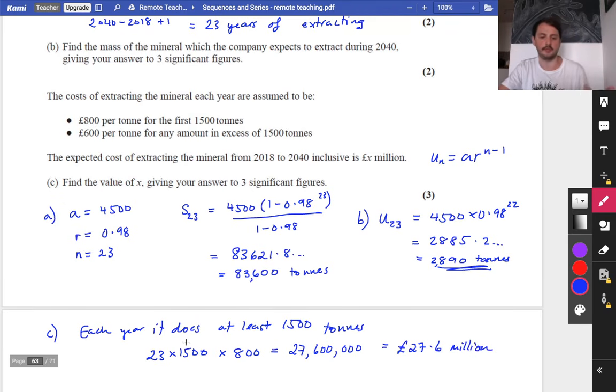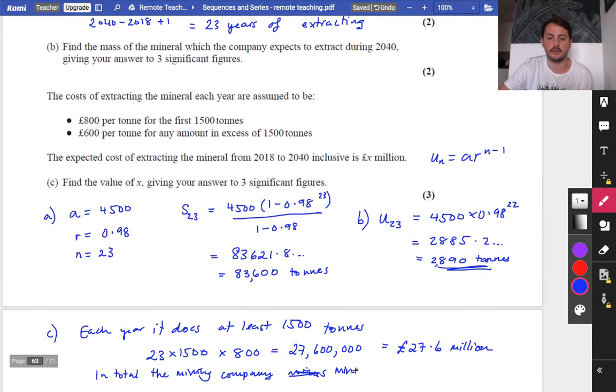But then on top of that, it does some more, okay? So we know in total the mining company mines, that is terrible, doesn't look like mines at all, 83,621.8 tons.